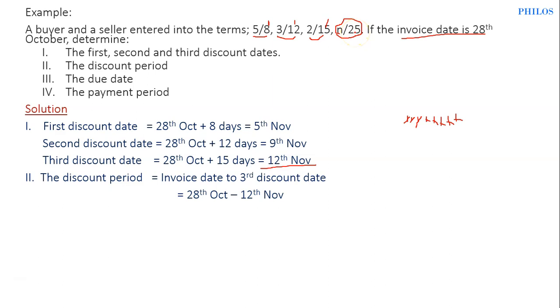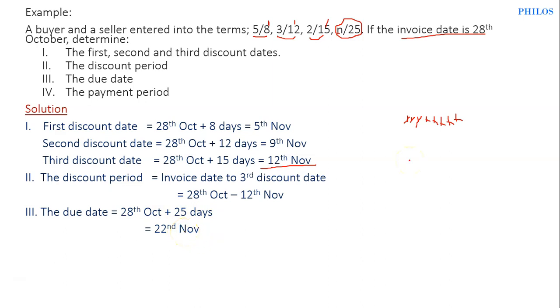Now, let's take out the 31 days in October out of the 53. So 53 minus 31 will give you 22. The month after October is November. So that means 22nd November. So the due date is 28th October plus 25 days, and that will give you 22nd November.